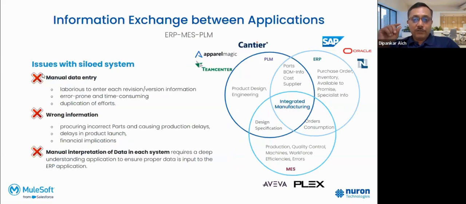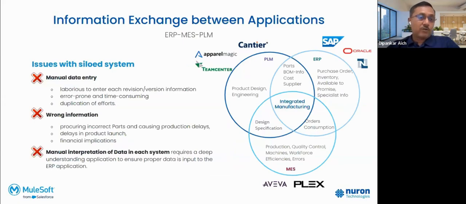Yeah, thank you. So if you talk about the problem of not having proper connectivity, we end up entering data manually, isn't it? I'm sure you will correlate. The back office and the front office end up entering data manually in ERP or PLM systems. That's error prone, and it takes a lot of duplicate effort, putting the same data redundantly in different systems.